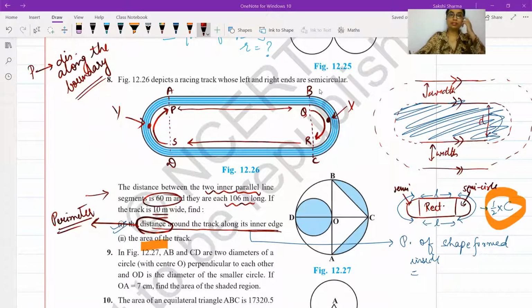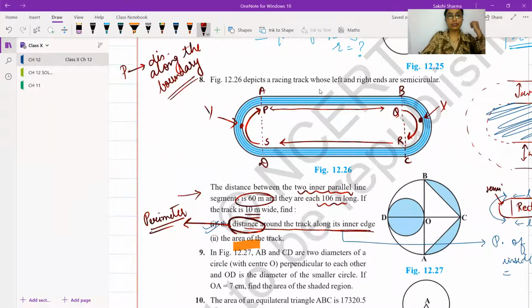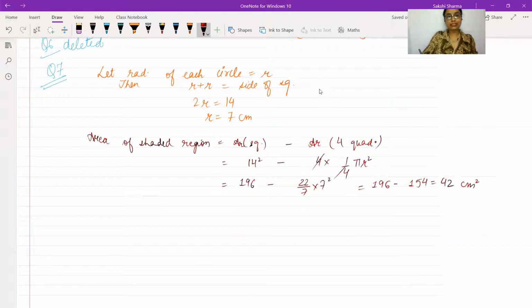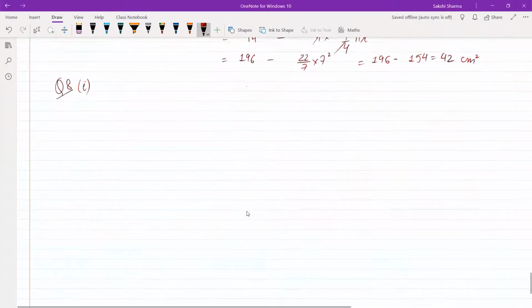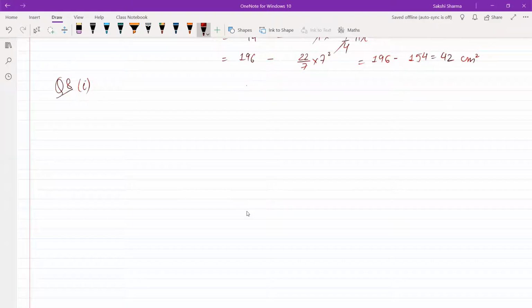Let's write the answer for this. Please draw the figure for this in your notebooks. I'm not going to draw, I'll just write the answer. Question number 8, first part. We have to find out the distance along the inner edge.